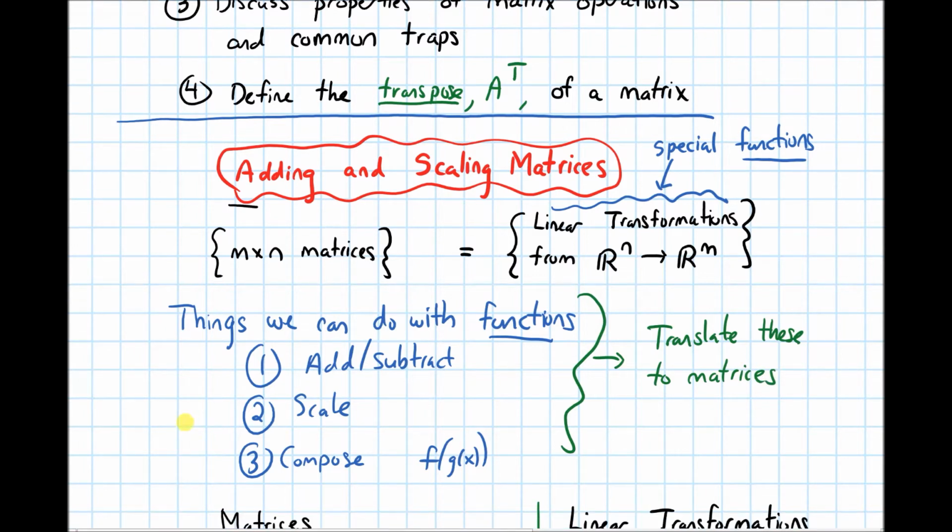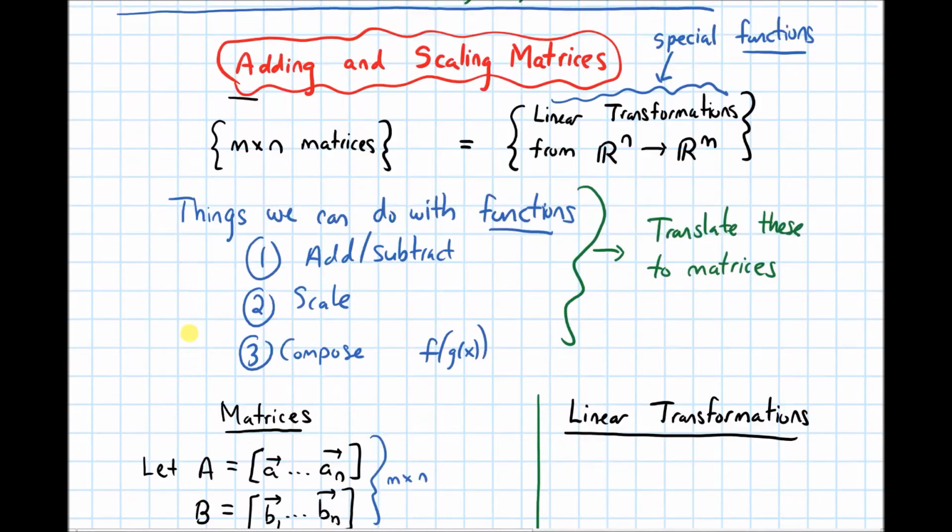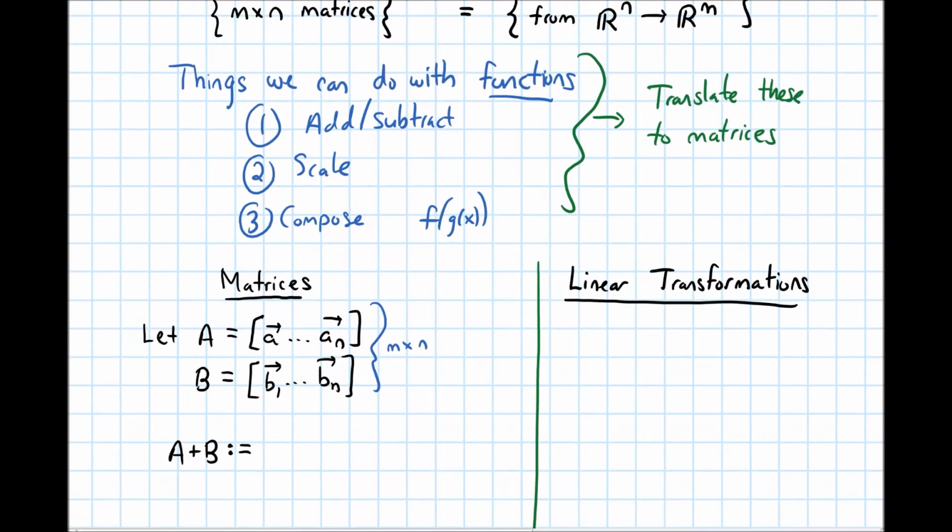I want to keep track of two columns. One where I look at what these properties will look like in terms of matrices, and another column where I look at what these look like in terms of functions, in terms of linear transformations. I'm going to begin by saying that A and B are just two matrices that have m rows and n columns. I've written them in terms of their columns here, A1.